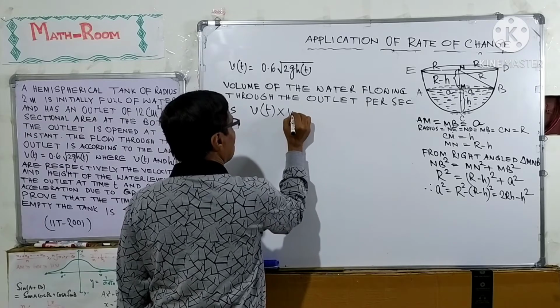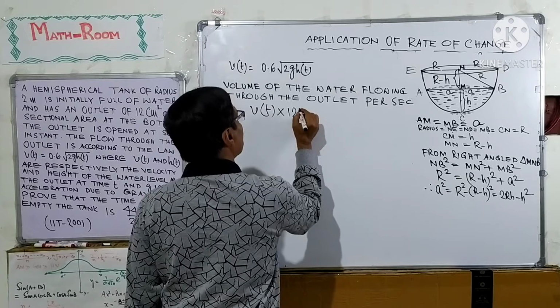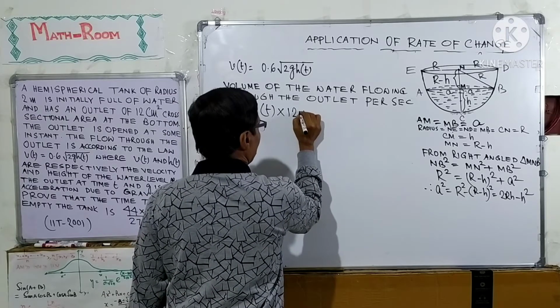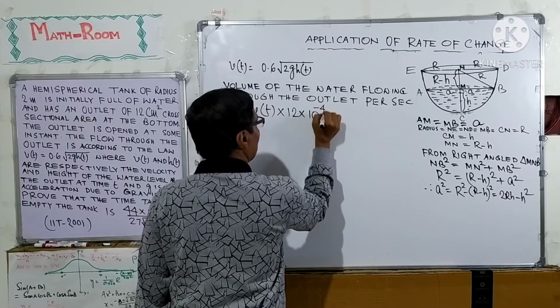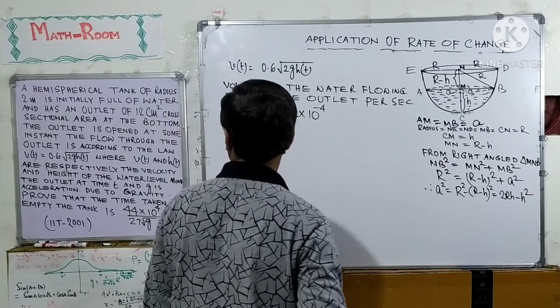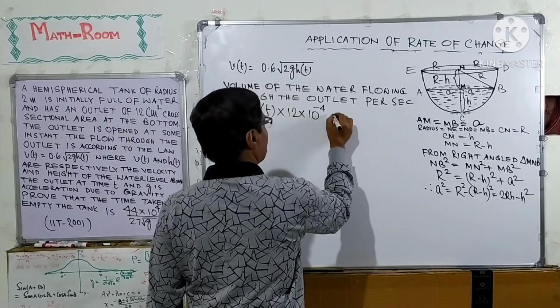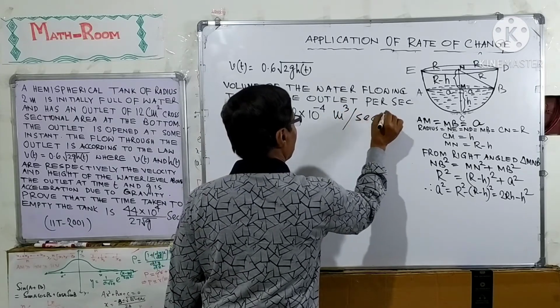We can convert cm square into meter square. To convert cm square to meter square, we have to multiply by 10 to the power minus 4. This unit is converted into SI unit, so the volume per second is in meter cube per second.